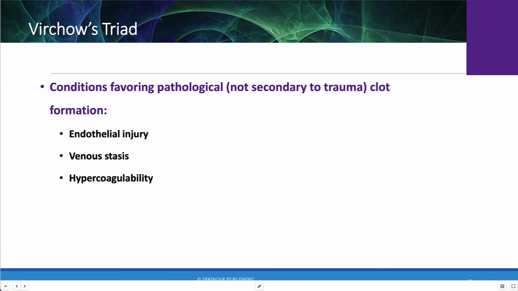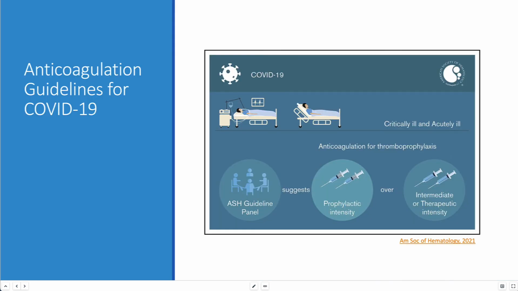Don't forget Virchow's triad. If you have these three conditions together, endothelial injury, venous stasis, and hypercoagulability, that is favoring pathological clotting.